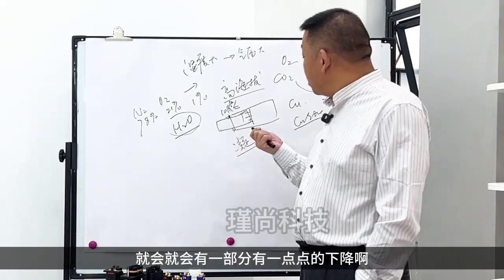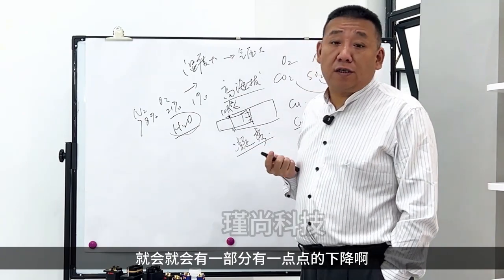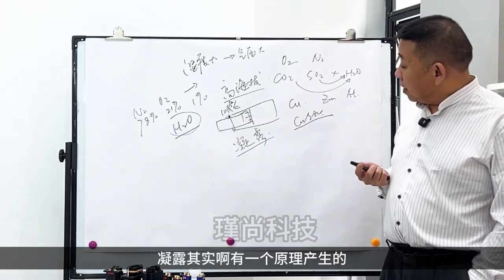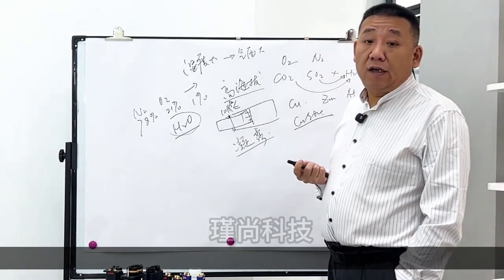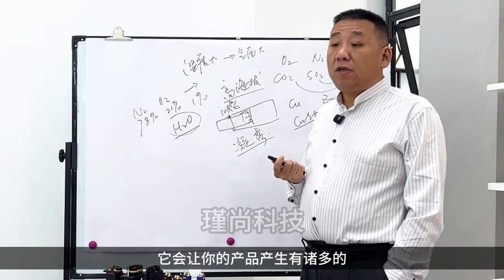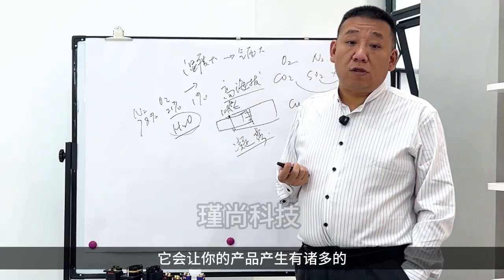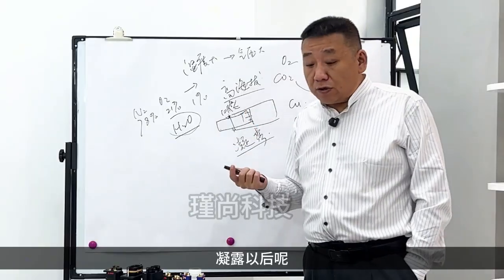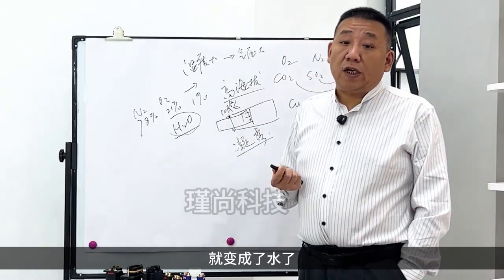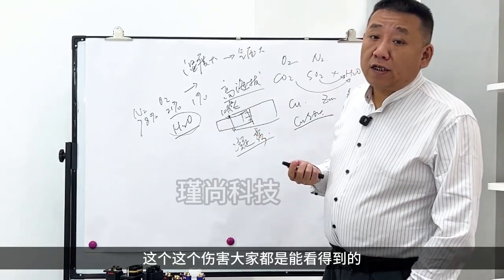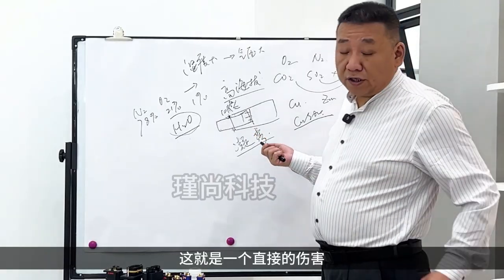Condensation actually has a principle. So this low pressure phenomenon will make your product produce this change. Then after condensation, the steam becomes water. That water to our electrical connectors, everyone can see the damage. This is a direct injury.